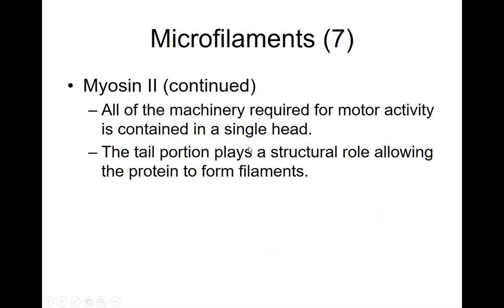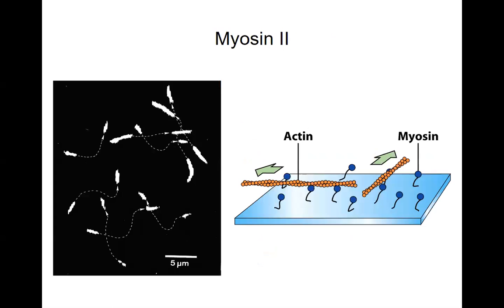So the motor activity is contained in the head, and the tail portion basically has a structural function, which allows the formation of the filament, which we know as the thick filament in the sarcomere of the muscle.